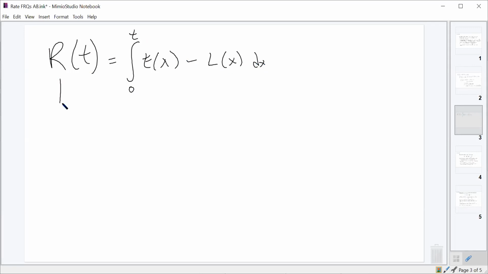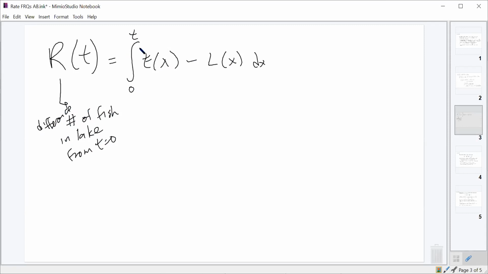And so let's say r of t, this is the difference in the number of fish in the lake from t equals 0. Right, and that's what this r of t is. It's how many of them entered from 0 to t minus how many left from 0 to t.